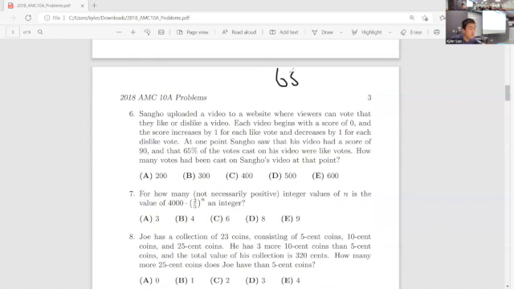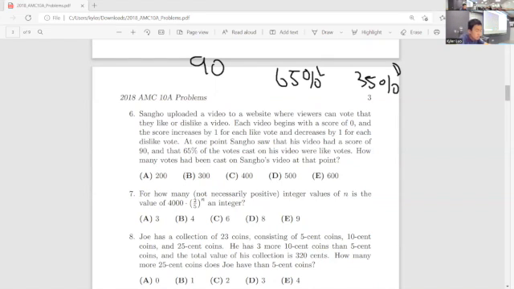we first know that 65% was like, and there was 35% that was dislike, and then we know that the total is 90. So if we try 200, and then we have to get the calculator.